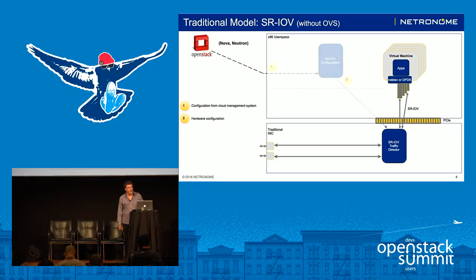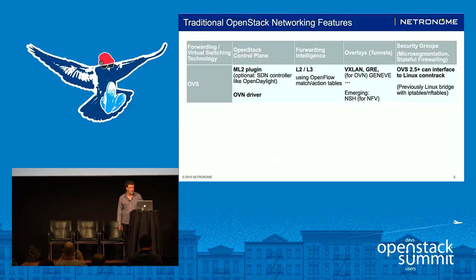Once that configuration has been completed, the x86 is not in the picture anymore, and the SRIOV style NICs can send the traffic directly to the VMs. In return for this very direct path, though, you end up with very limited intelligence. You can basically only use simple criteria like the MAC address or the VLAN tag to direct the traffic to the virtual machines.